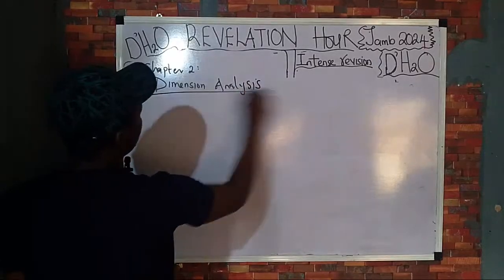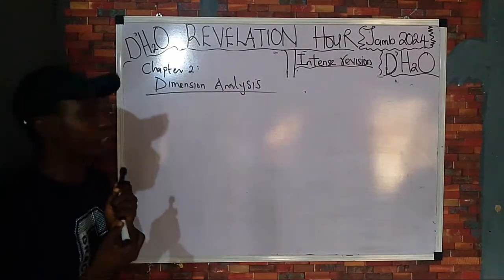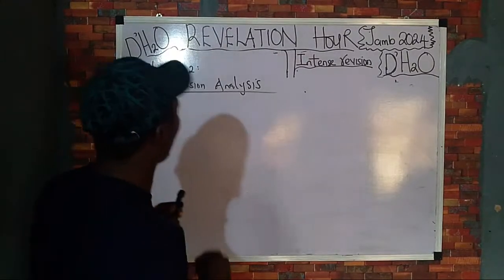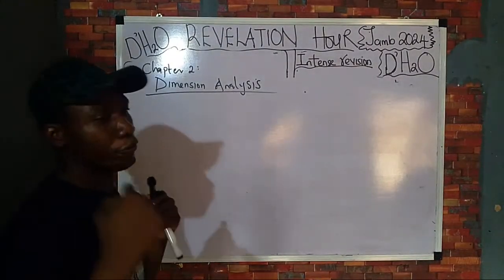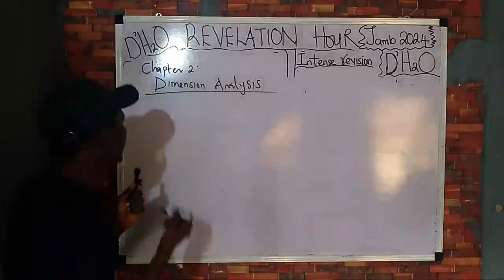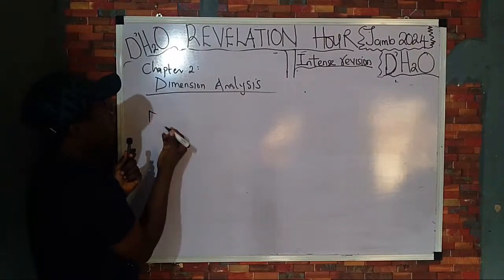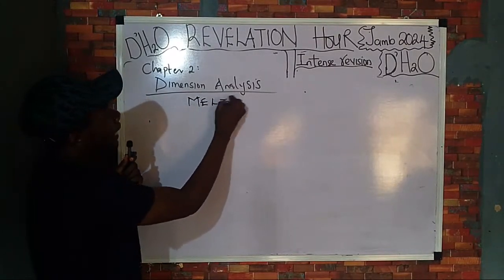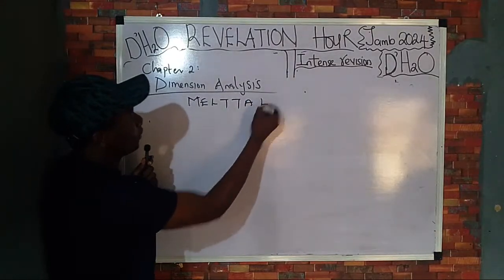Okay. Now, remember that if we want to begin with dimension, it will be important for us to bring out our dimension for fundamental quantities. Your fundamental quantities, which are, remember I gave you an acronym. The acronym will always guide you. I repeat again.